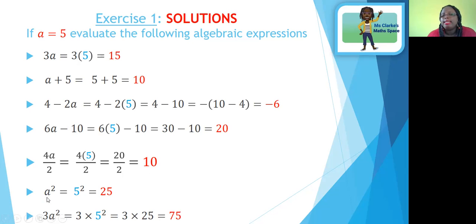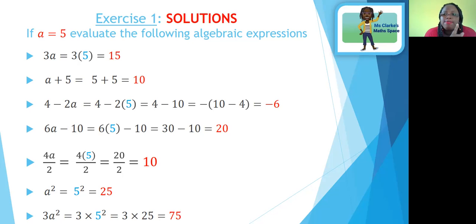Our second to last example, we have A squared. When we square, that means you're multiplying whatever it is by itself. So A squared is the same as saying A multiplied by A. X squared would be X multiplied by X. So we're replacing the A with 5. So A squared is the equivalent of saying 5 squared.